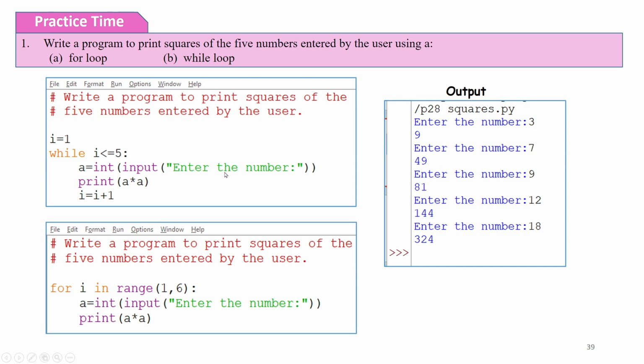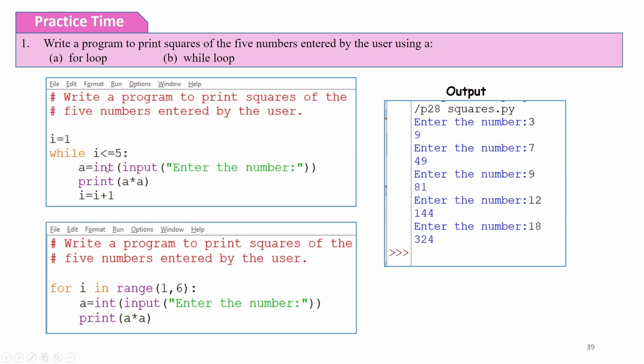I have given less than or equal to 5 because I need 5 numbers, so this loop will run 5 times, and accept the number in A, then print A into A because we need to print the square. Then update the number by 1. Here this is the update statement, this is the initialization, and this is the condition.